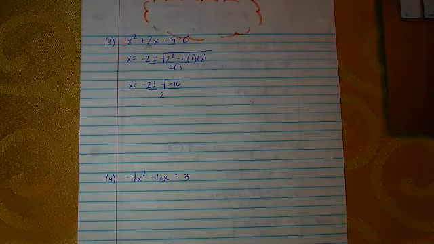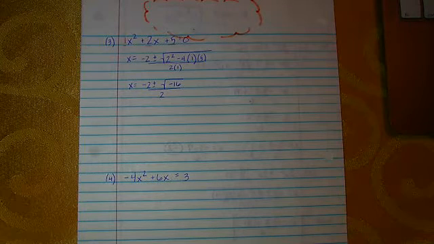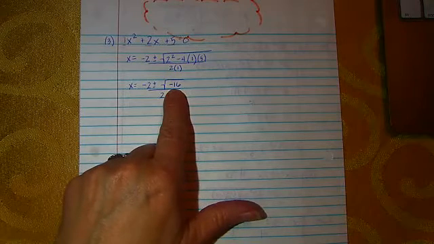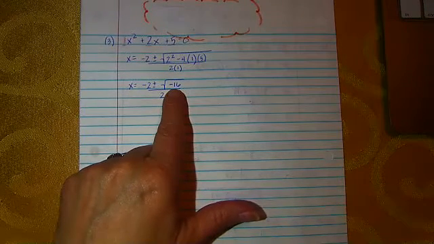Now, this is why we spent a couple days talking about imaginary numbers. This is going to be one of those situations, as explained when we talked about the discriminant. Since my discriminant is less than 0, this would have no real solutions.